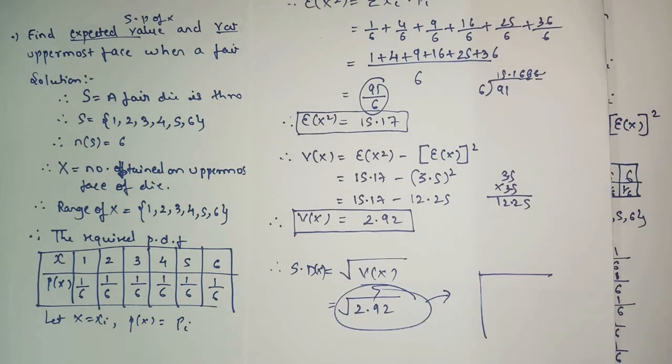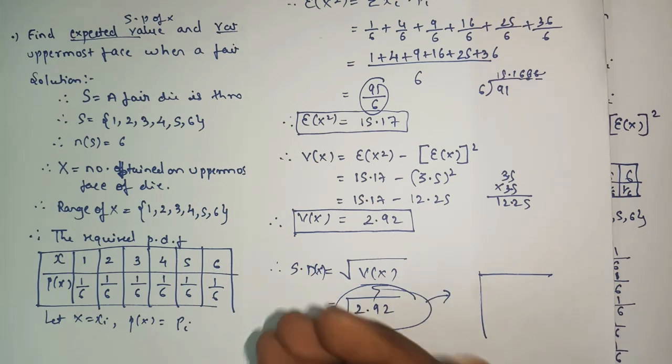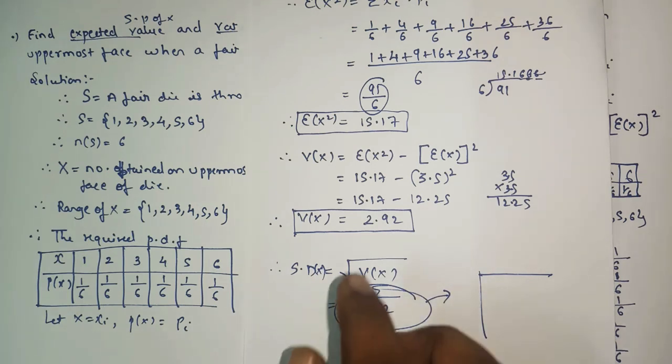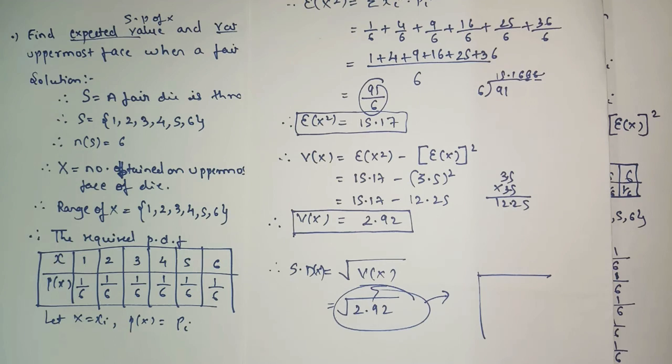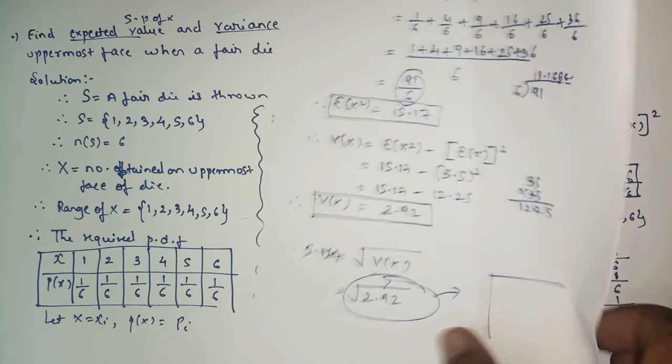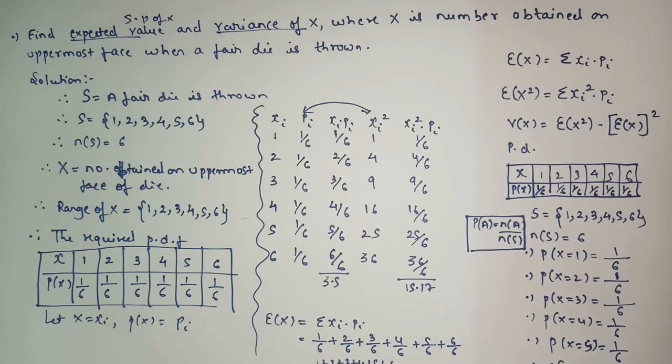And the final step is the standard deviation of x. Without knowing the v of x, we cannot find the answer. So I hope you all understood the sum based on when a dice is thrown, and how to find the expected value as well as the variance.